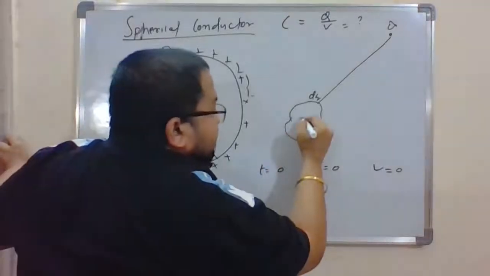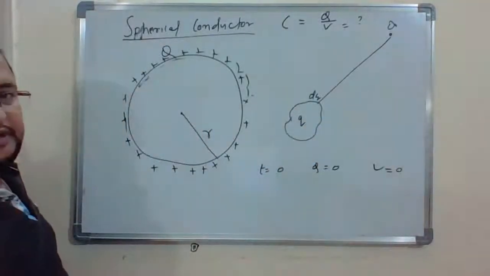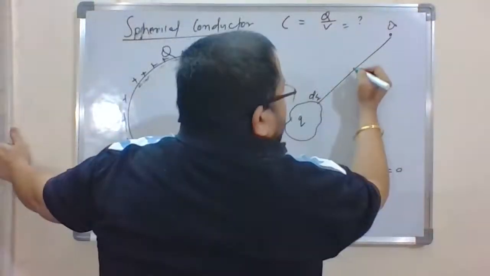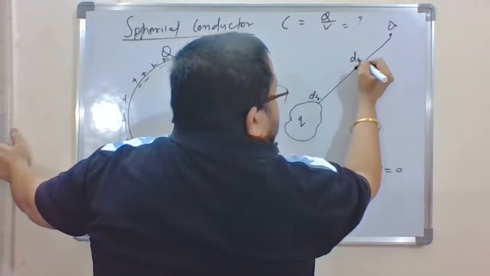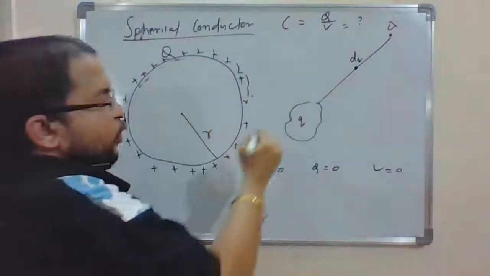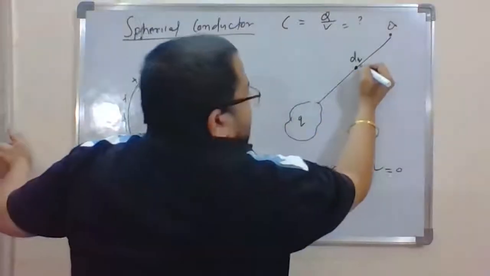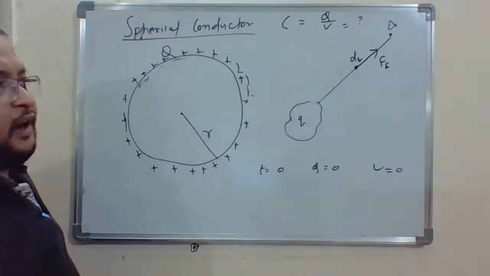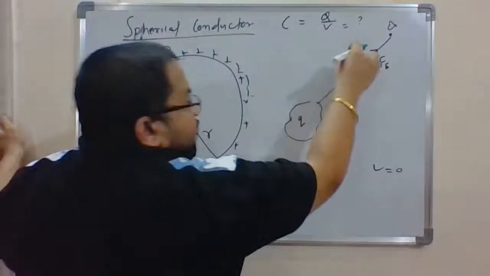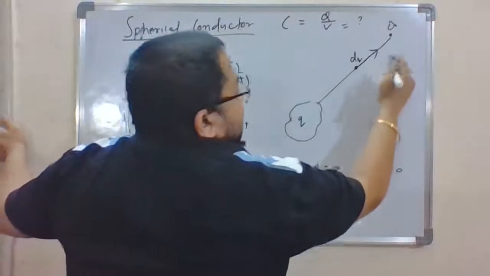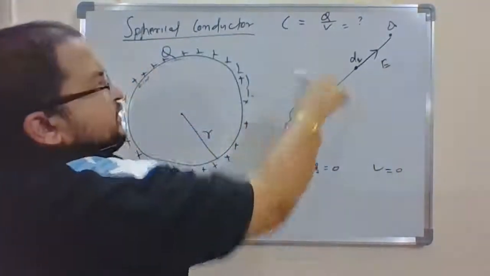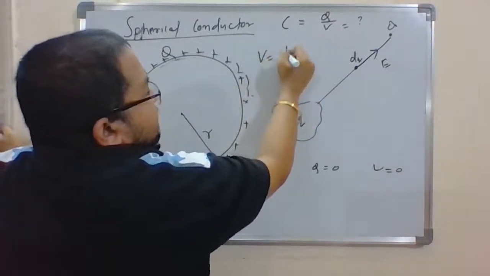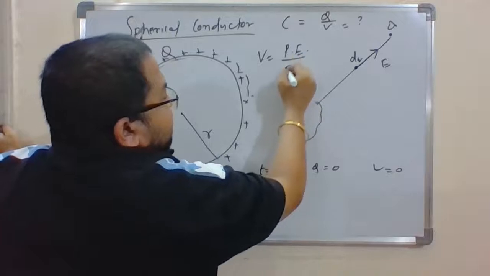Assume that after some time there is a charge q here. If there's a charge q here now, and I am trying to bring the next burst of charge dq, then because of this charge q, there will be an electric force here, right? And if I take force per unit charge, I can also say that there is an electric field. The reason why I'm taking electric field is I want to find out potential. We know potential is nothing but potential energy per unit charge.